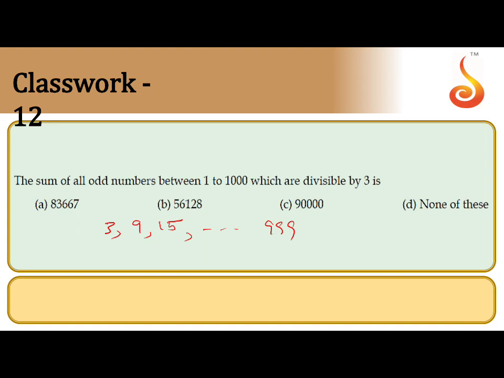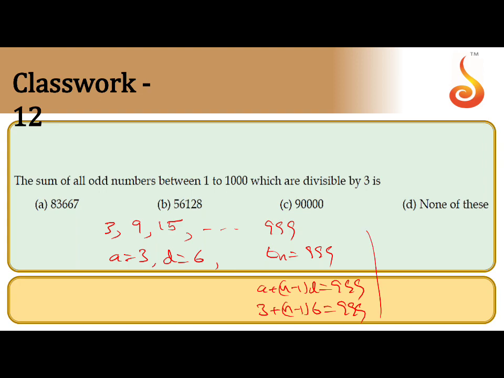If you want to find the sum, we need A, D, and how many terms. Here A is 3 clearly and D is 9 minus 3, which is 6. The last term Tn equal to 999 is given, because from here we will get the value of n. Nth term is A plus n minus 1 into D equal to 999. So 3 plus n minus 1 into 6 equal to 999.